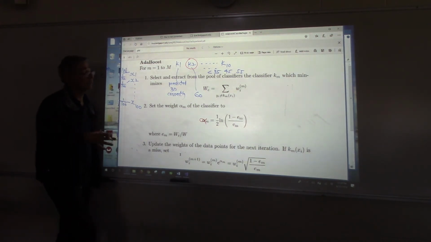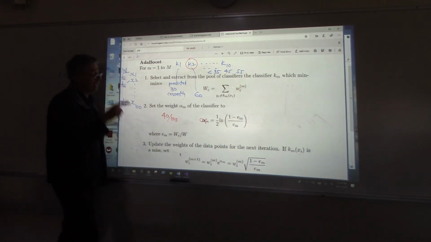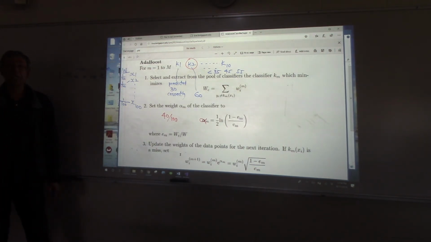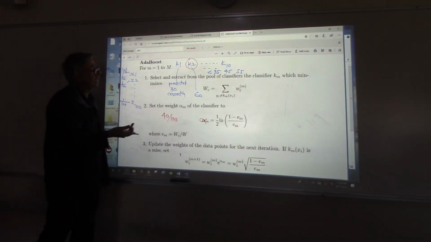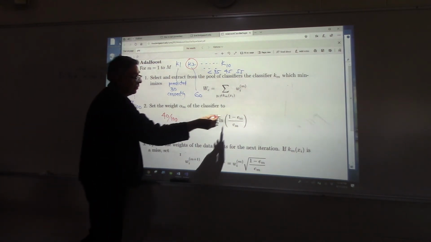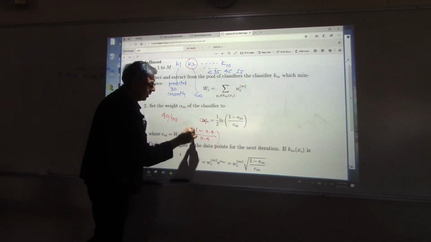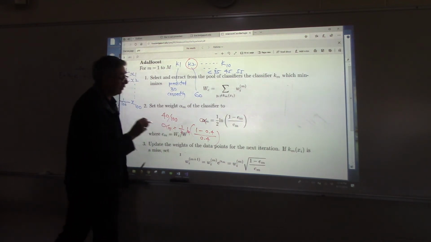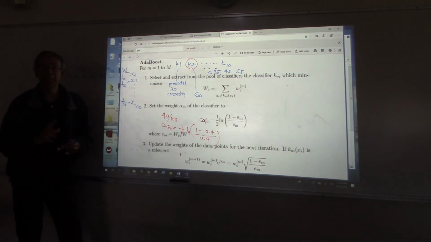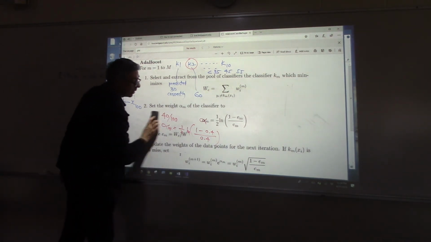So in this case, how many will there be for K2? 40. Yep. So 40 over 100 will be the sum, because each has a weight of 1 over 100 in the beginning. And then over 1, which stays the same. So 1 minus 0.4 over 0.4, that is 60 over 40, log, half will be the weight of that classifier. Everybody agrees? Okay, so the first step is extremely easy, right? Okay, now let's go to the second step.